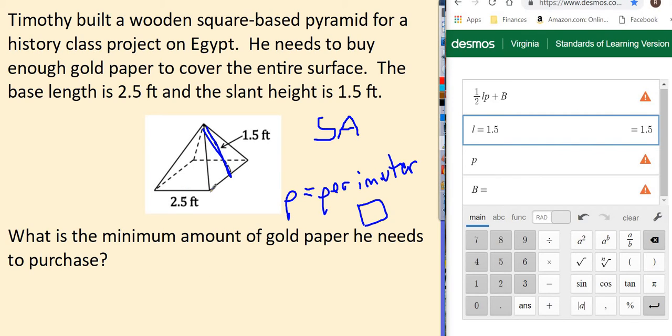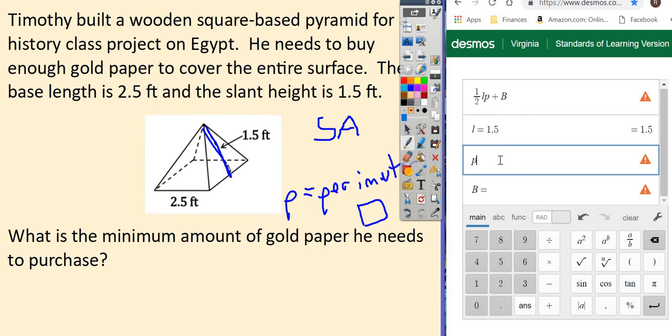So you know that one side of that square is 2.5. So you're going to add it 4 times. 2.5 plus 2.5 plus 2.5 plus 2.5. You could also do 2.5 times 4 because we know our base is a square, and in 8th grade it will always be a square.